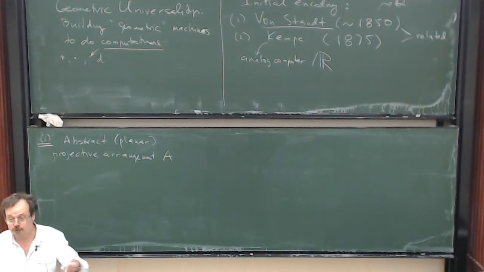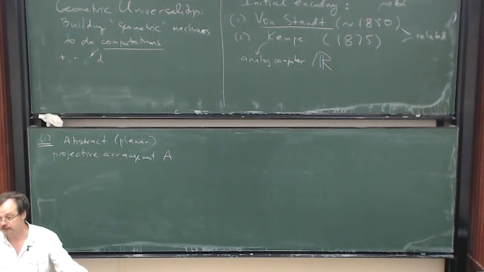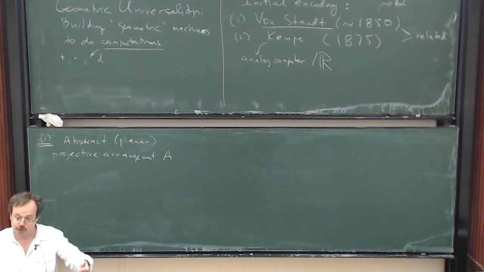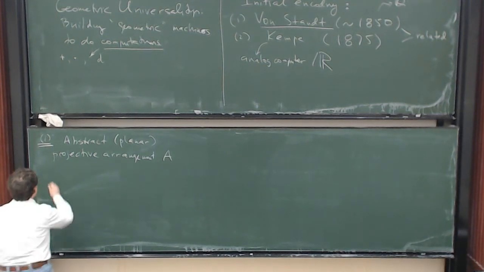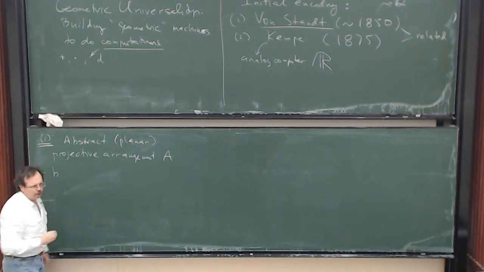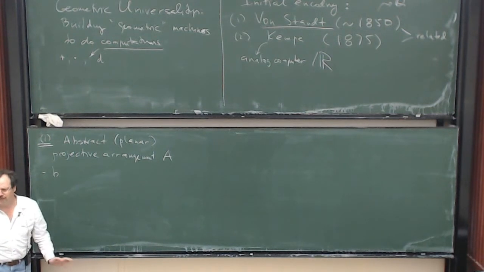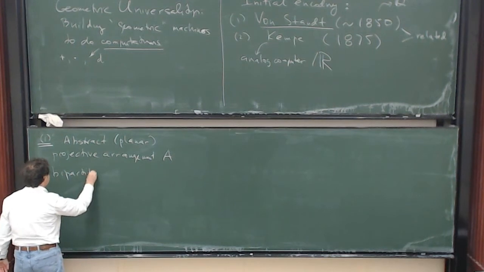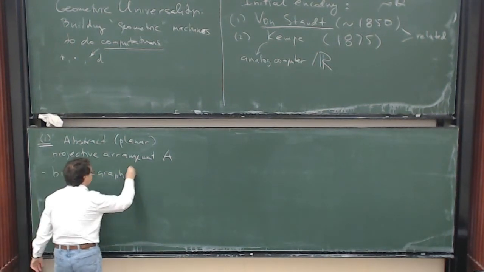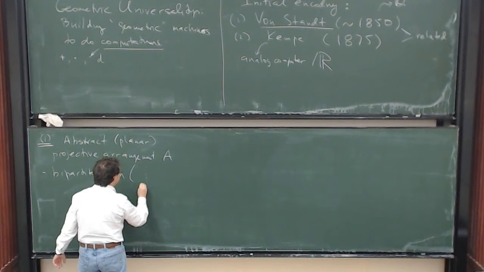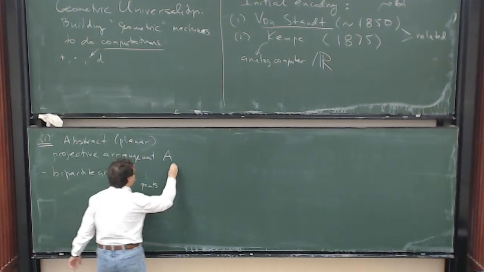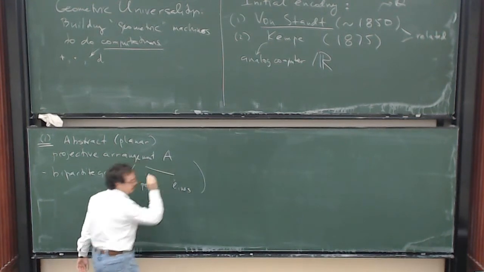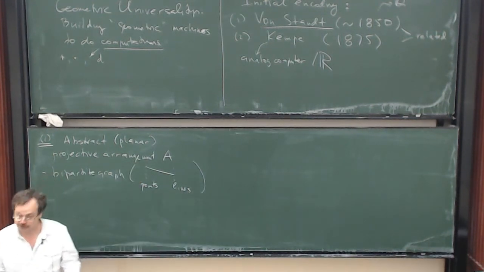Some nodes will be called points, some nodes will be called lines, okay? And edges between them are the incidence relation: this point lies on this line. So it's just a bipartite graph. Again, all my graphs will be finite, so I will not even say so. A finite bipartite graph with vertices labeled points and vertices labeled lines, and then some edges between them, which encode the incidence relation.